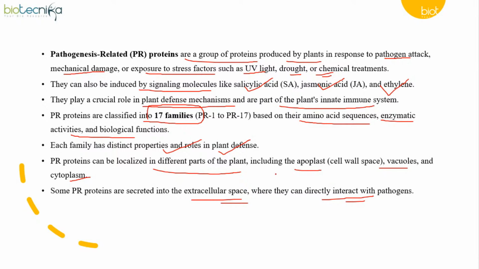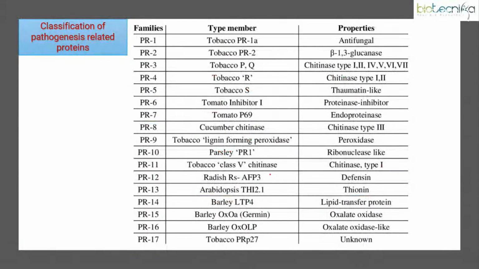Now, looking into the types of PR protein, these are PR1 to PR17. Different PR proteins have different functions. PR1 is antifungal. 2 I have mentioned. 3 also I have mentioned. 3 and 4 both are chitinase but of different types. Then 5 is there, 6 is there till 17.